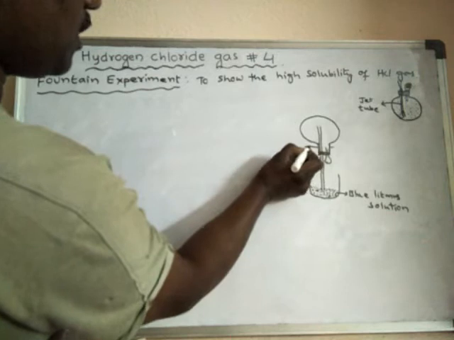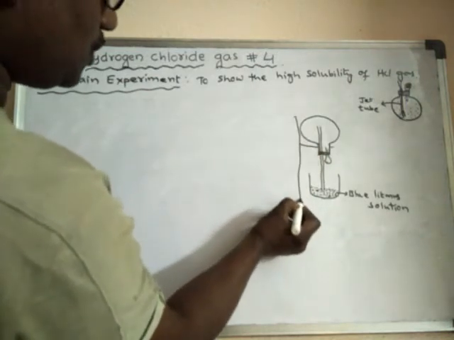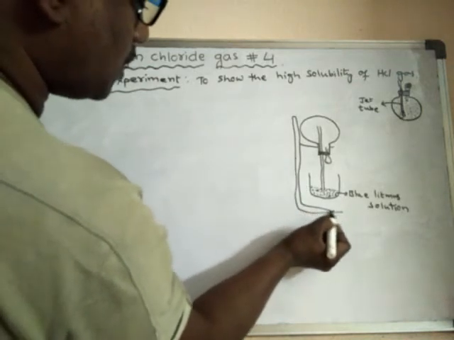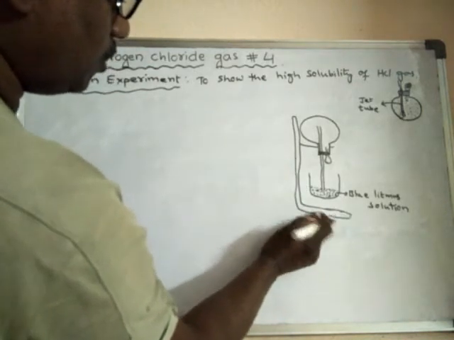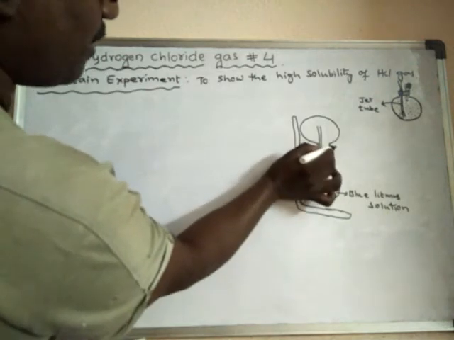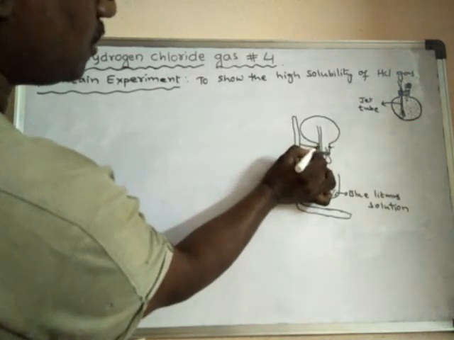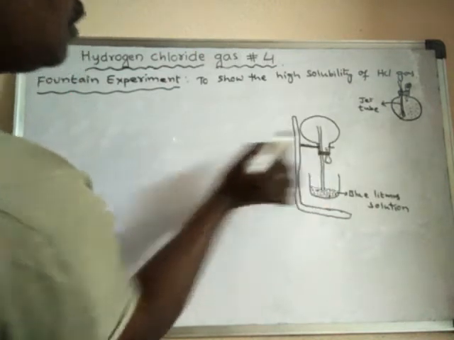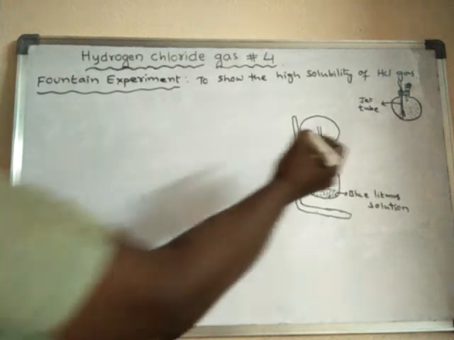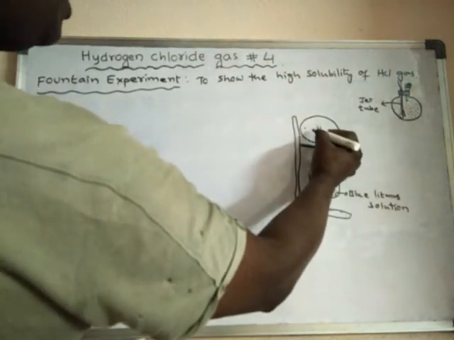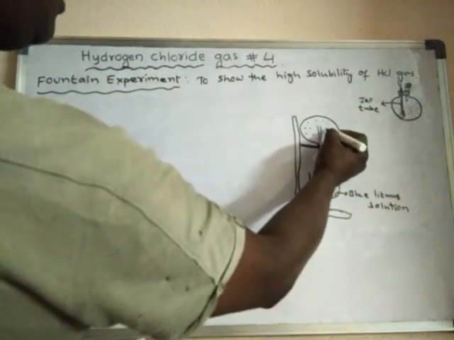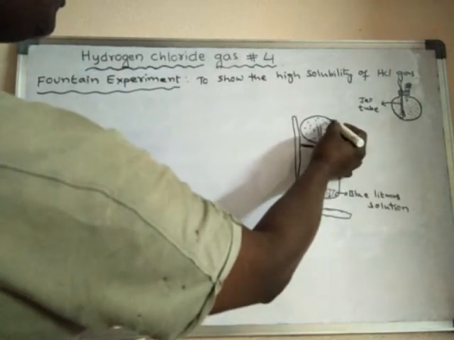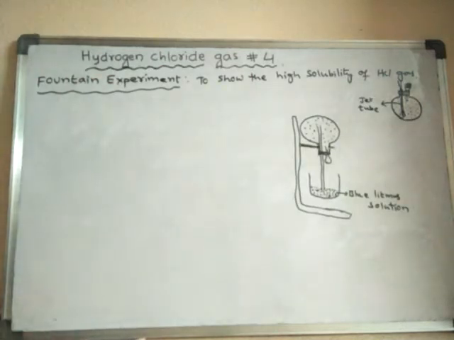This apparatus is clamped to a stand, onto this stand it is clamped here. That means it is fitted to a stand. Into this round bottom flask, dry HCl gas is present.